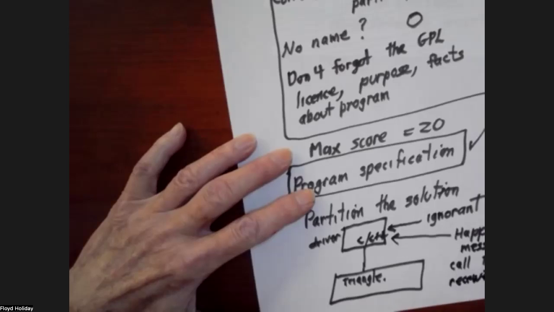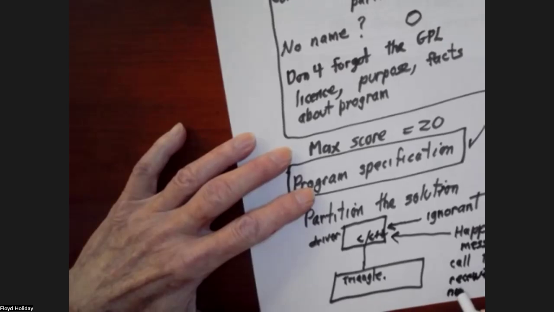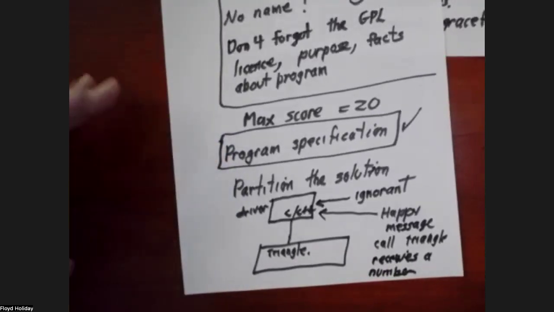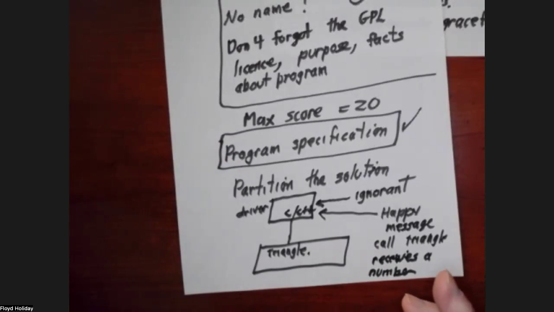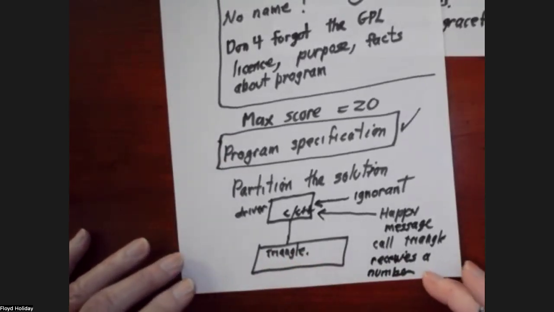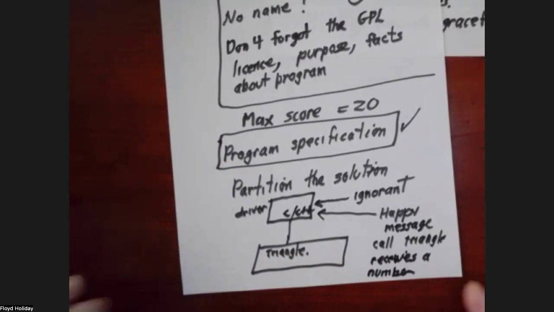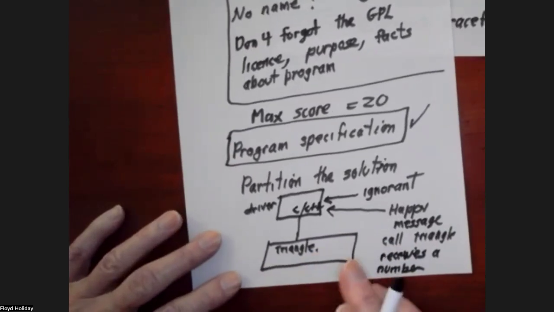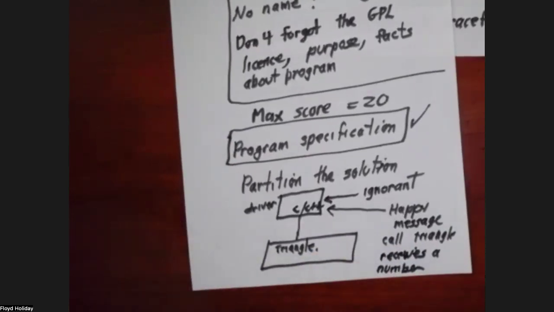Okay. And it displays that number, and it doesn't know what that number represents. If you notice how I wrote it up, it just says I received this number and here it is, and I'll keep it for a while. It's totally ignorant of what's going on down here. That's the rules of the game.